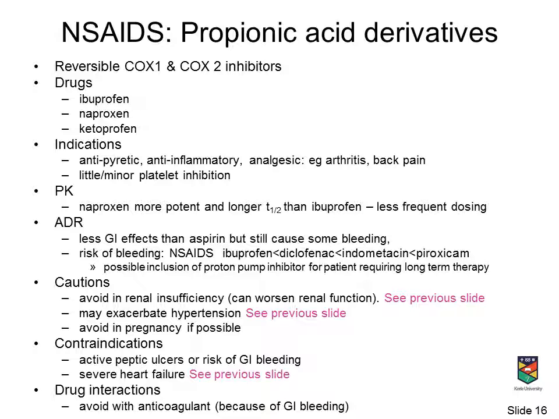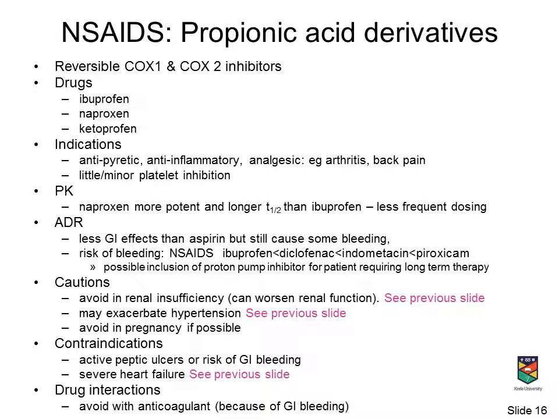Now, because these drugs are a little bit less likely to inhibit COX-1 than aspirin, and because they're reversible, they have less GI effects than aspirin, but they still do have some GI effects.